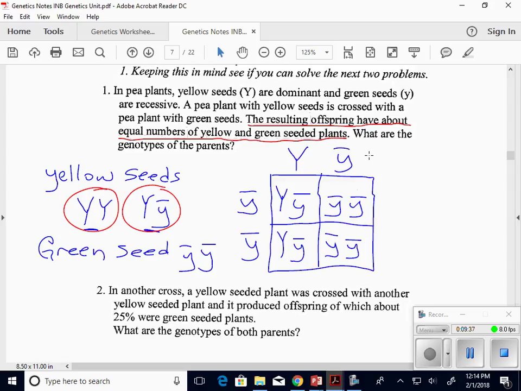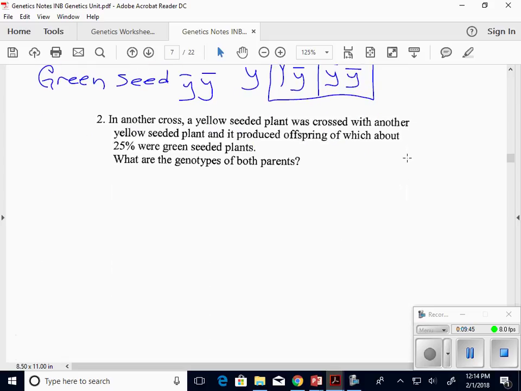Now, as I come down for my second problem, it reads, another cross, a yellow seed plant is crossed with another yellow seed plant. So once again, I'm going to build my square.